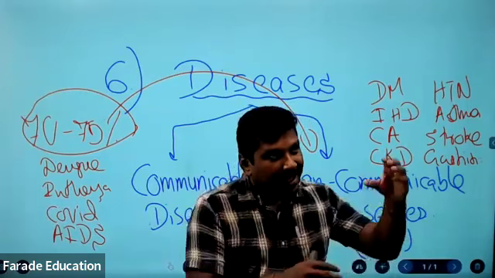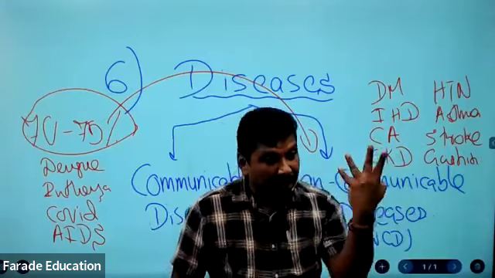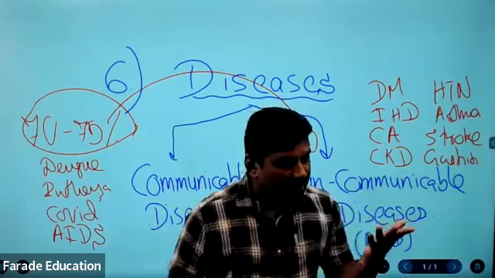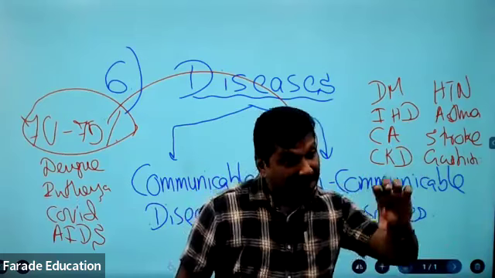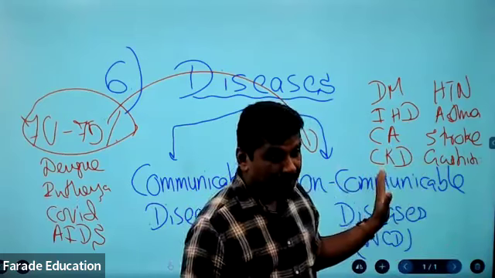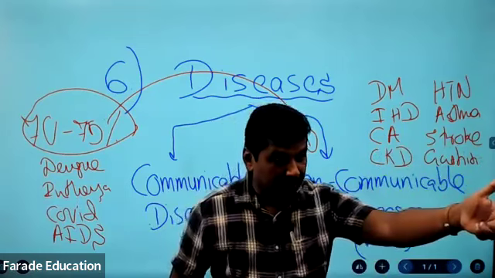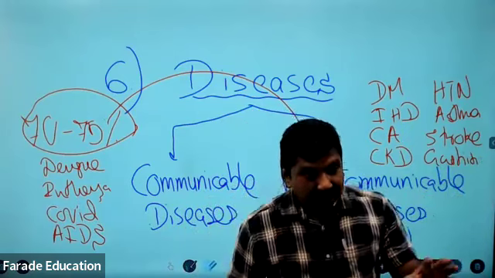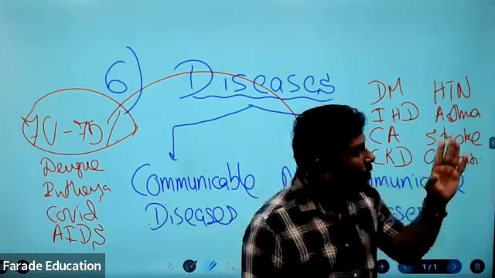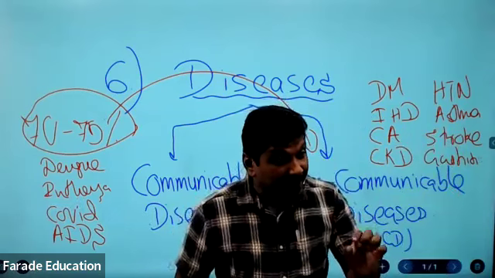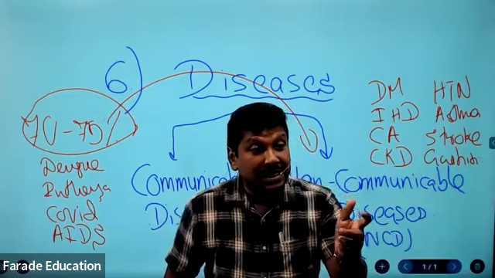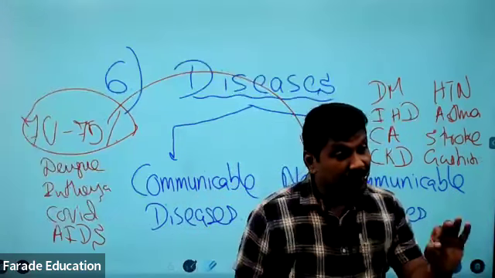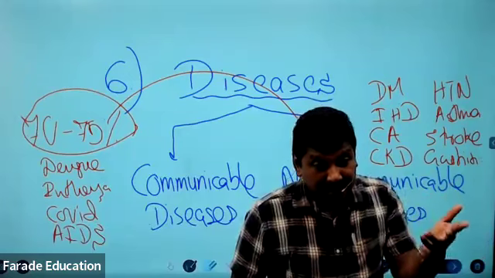There are several reasons for diabetes, for kidney disease, pressure and all heart disease. Also, there is some genetic part in each of these. Cancer also has a genetic part, right? But in addition, these are all multifactorial diseases. That means for the occurrence of these diseases, multiple factors are responsible. That is why we call them multifactorial diseases.